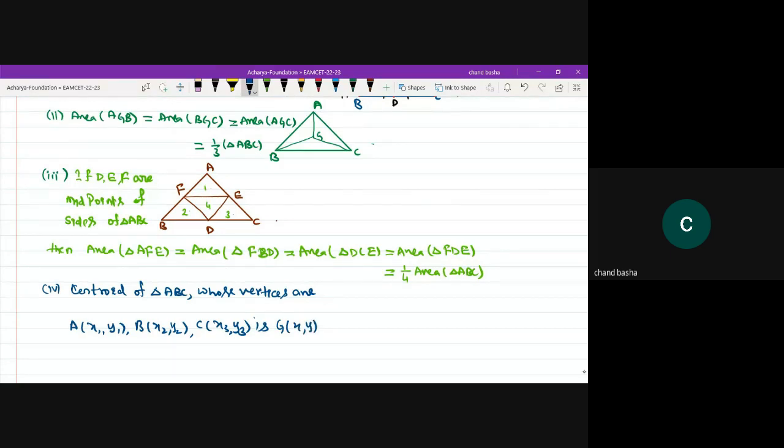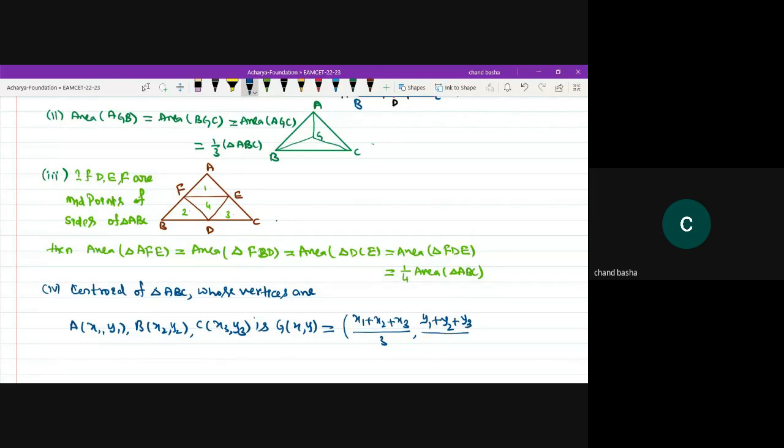And even for 3D geometry, you can add one more variable, x, y, z. So x is (x1 plus x2 plus x3) divided by 3, for 2D and 3D also. Next, y is (y1 plus y2 plus y3) divided by 3.